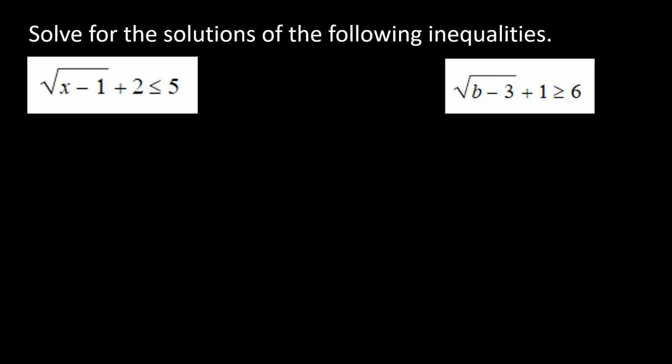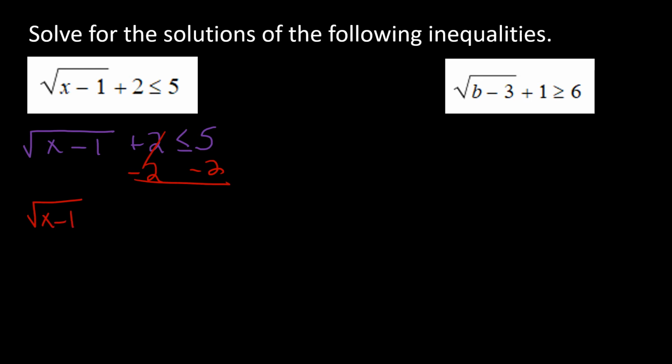It says solve the solutions for the following inequalities. So we're just solving for x. Okay, so let's go ahead and do that here. So we'll have the square root of x minus 1 plus 2 is less than or equal to 5. So what we'll do first is subtract 2 from both sides. So I'm going to get the square root of x minus 1 is less than or equal to 3.